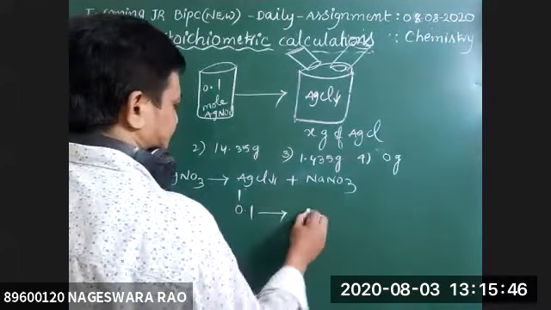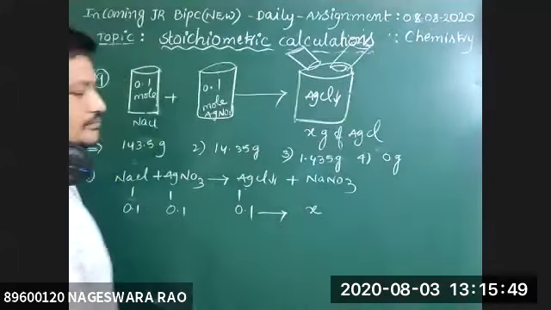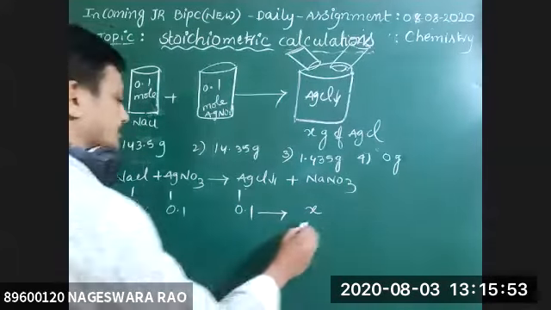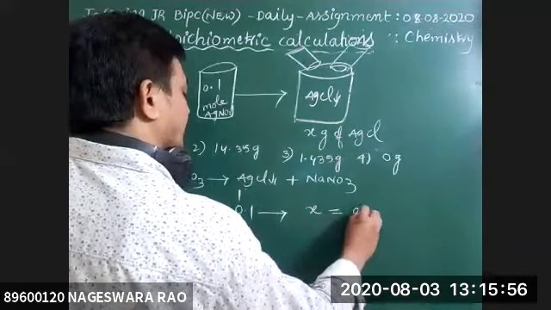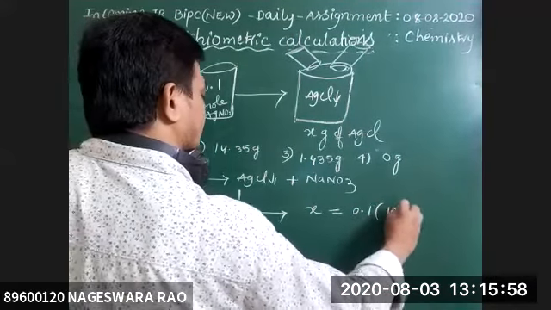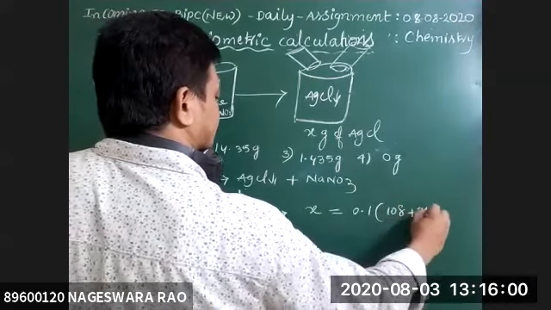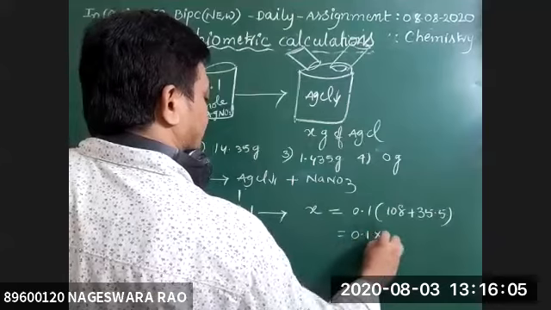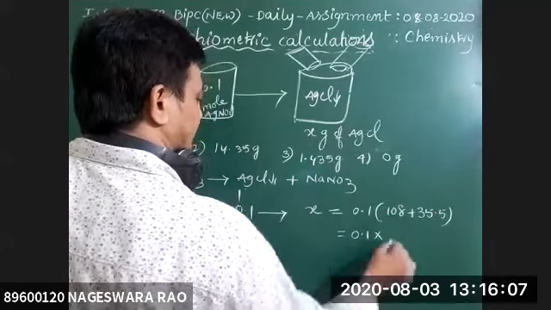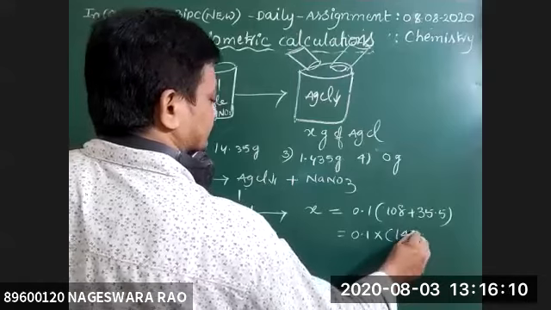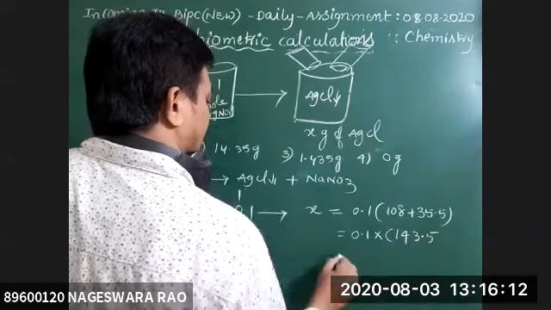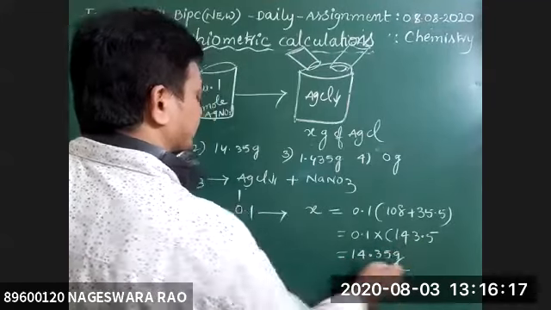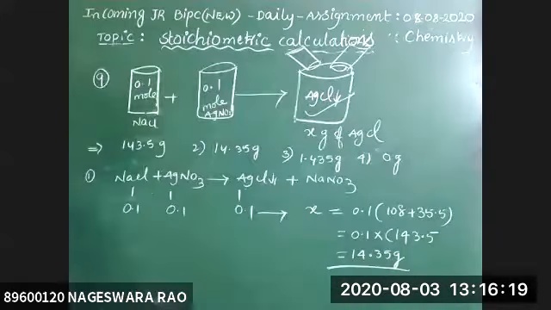So X, in weight: silver weight is 108, chlorine weight is 35.5. So the value is 143.5. So 0.1 times that means 14.35 grams of precipitate is formed in this reaction, in this beaker.